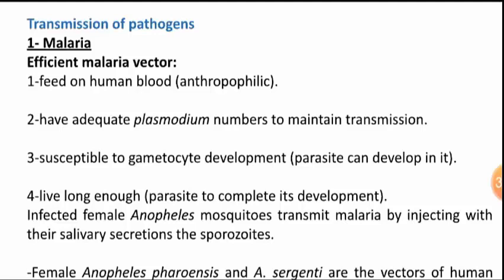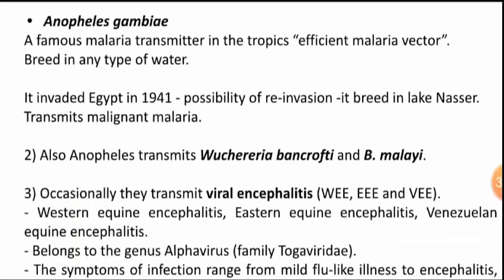Infected female Anopheles mosquitoes transmit malaria by injecting the sporozoites with their salivary secretion. Anopheles gambiae, a famous malaria transmitter in the tropics, breeds in any type of water.